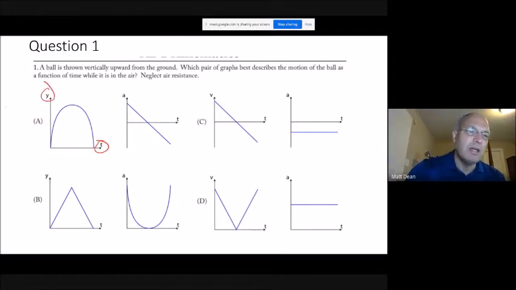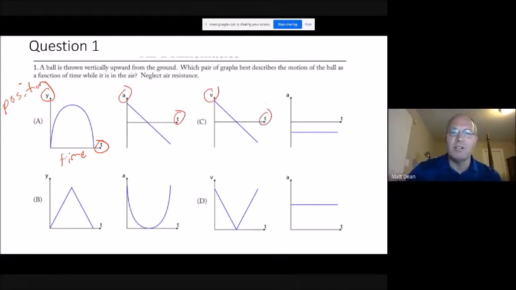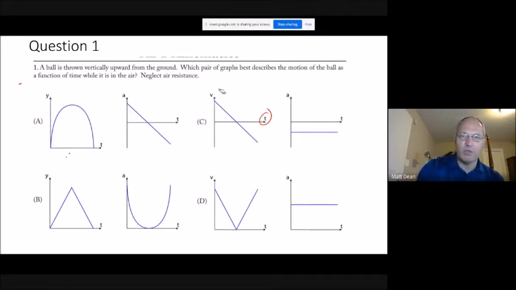That would be like a position-time graph, so you're looking at displacement. Other graphs are acceleration versus time. Still others are velocity versus time. So you've got to look really, really closely at what's going on. Let's start with choice A and work our way through some of these.